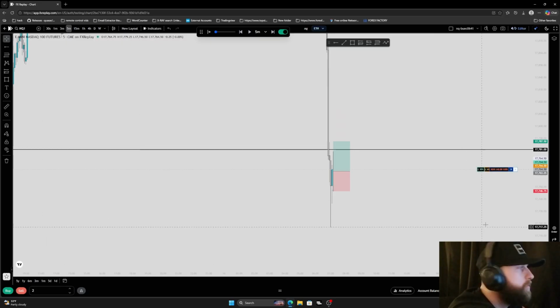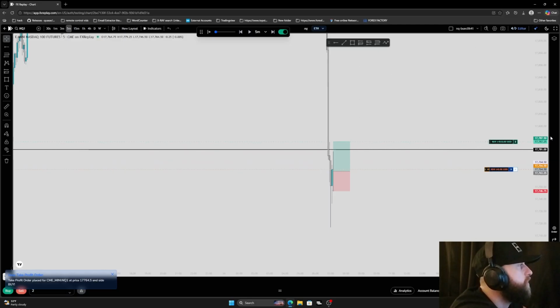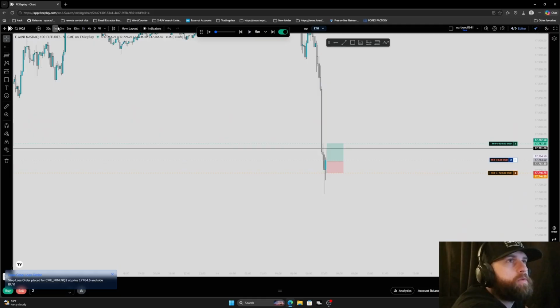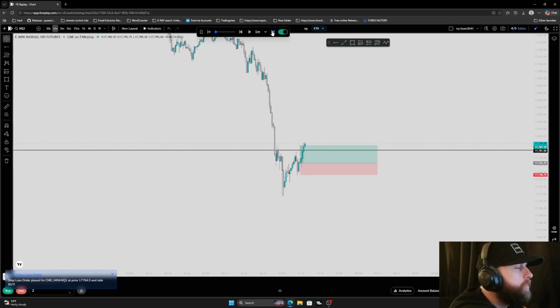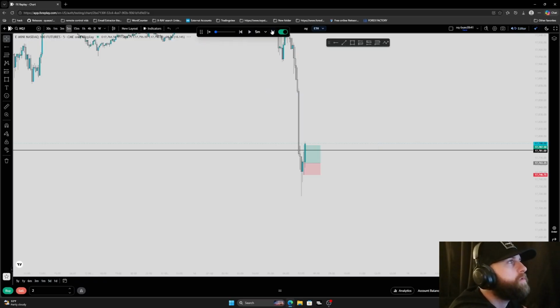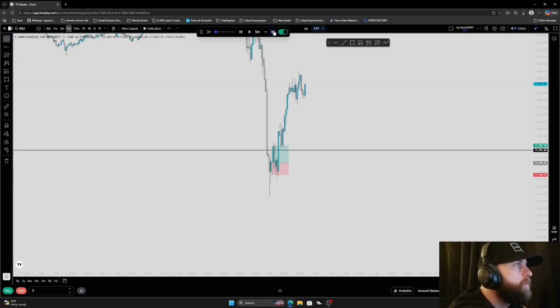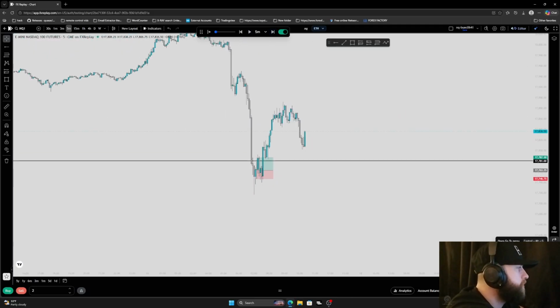Mech model. You could go break even right here as well and just run it all the way up if you think you're going up still. Nice. Now let's see what price does real quick. Nice.